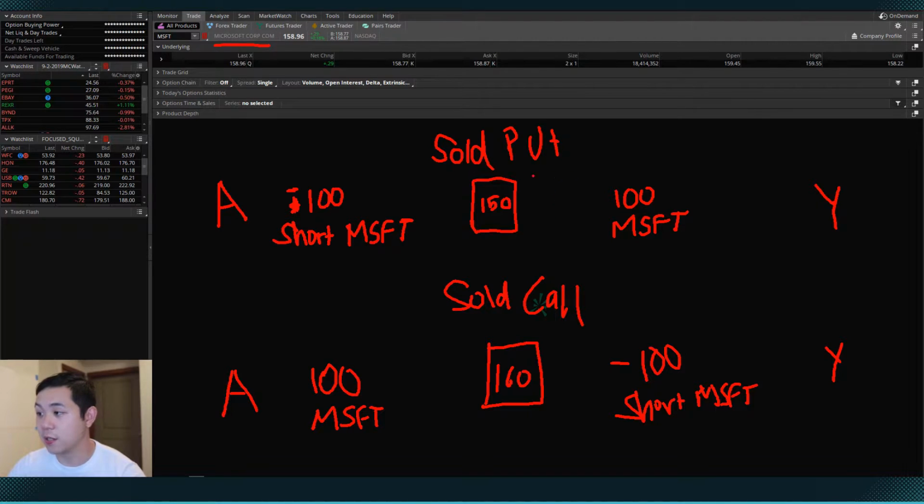So if you sold a put, when you get assigned, you are now long the stock. And same thing for a call. When you sell a call, you will now be short Microsoft with 100 shares.